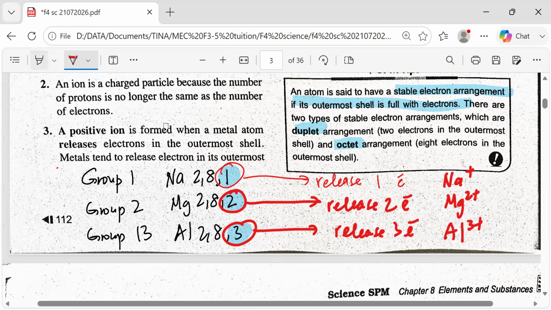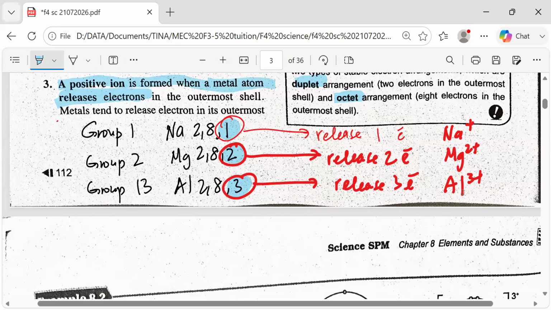A positive ion is formed when a metal atom releases electrons. Remember, only metal can become positive ion. Throw away 1, positive 1; throw away 2, positive 2; throw away 3, positive 3.